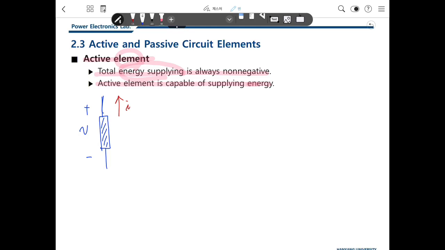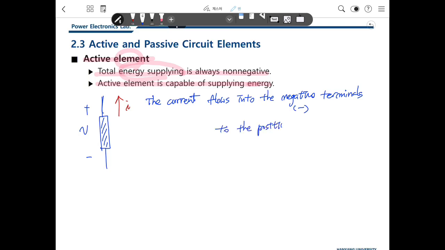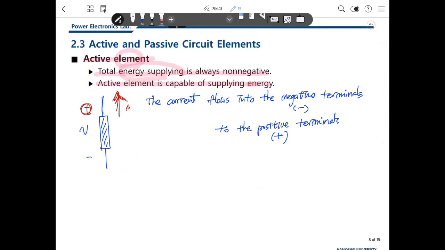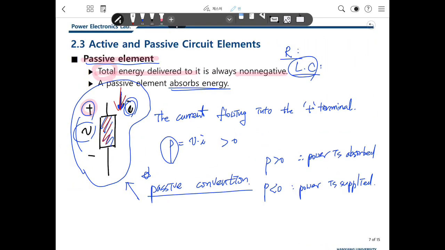The current flows into the negative terminal, that means from the minus terminal to the positive terminal, that means the plus terminal. So the current flows in this way, with the arrow from the plus terminal here. Compared with the passive case, where the current goes into the element, in the active case the current goes out from this element. That is the difference.